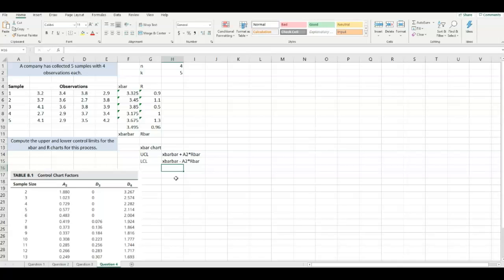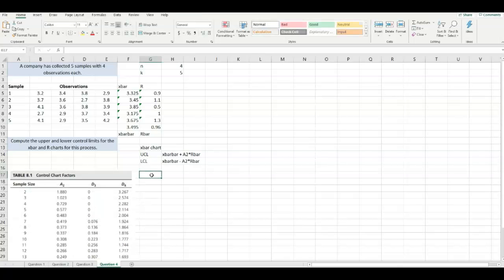And then when we have the R charts that we're going to build, our upper control limit is going to be D4, which again is a constant that we'll find, times R bar. The lower control limit is D3 times R bar.